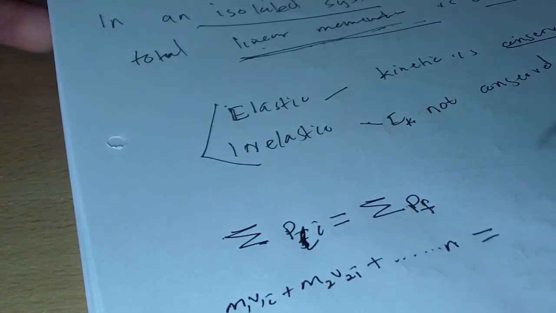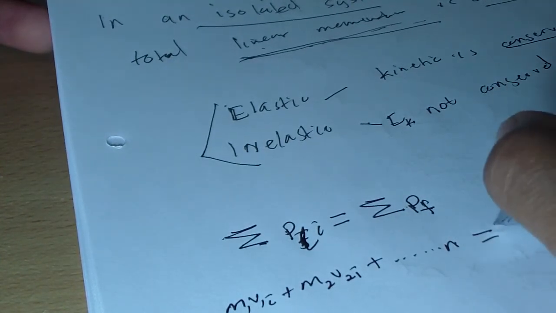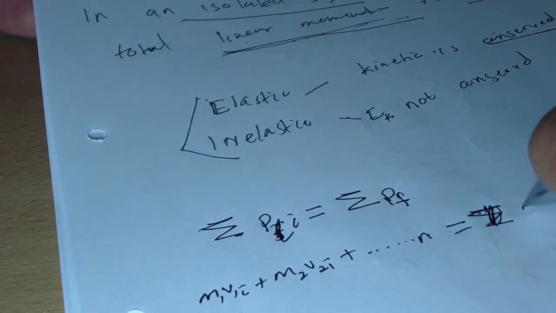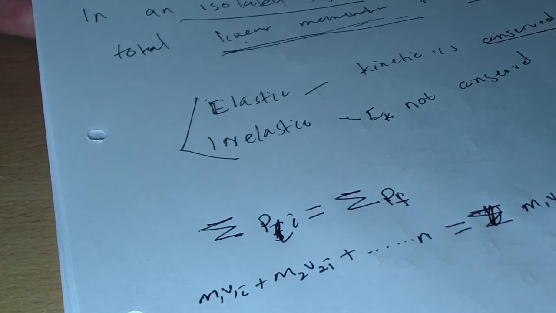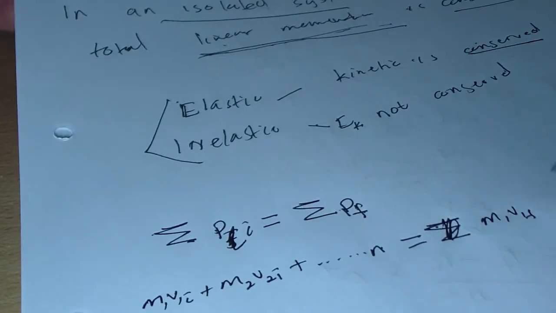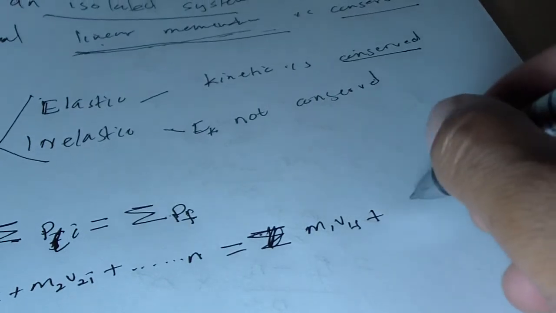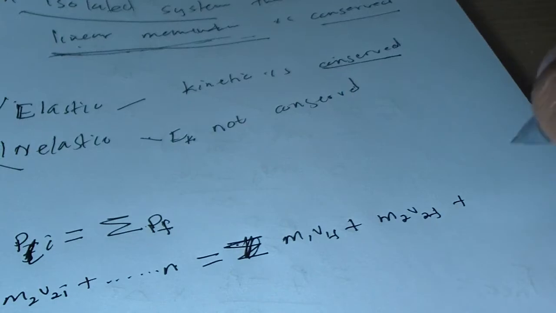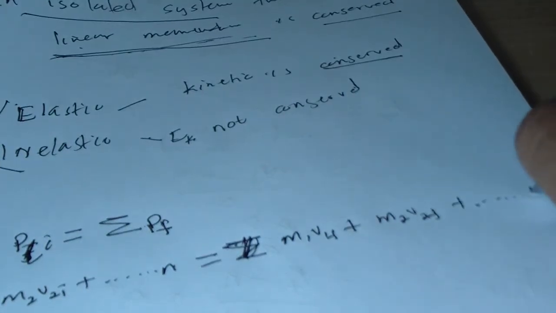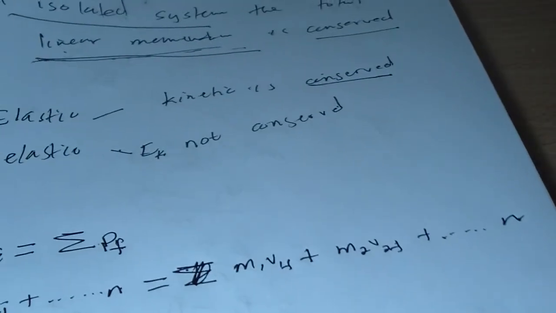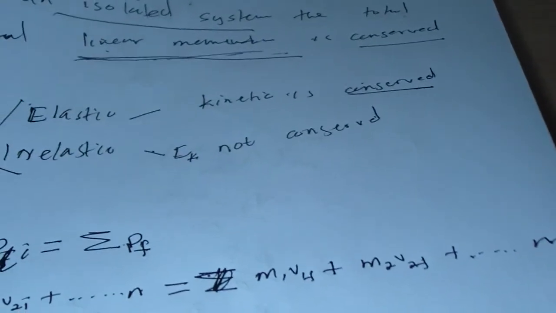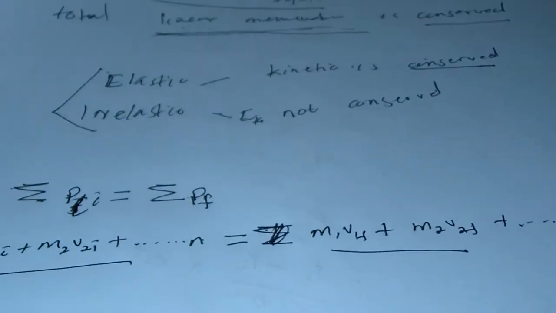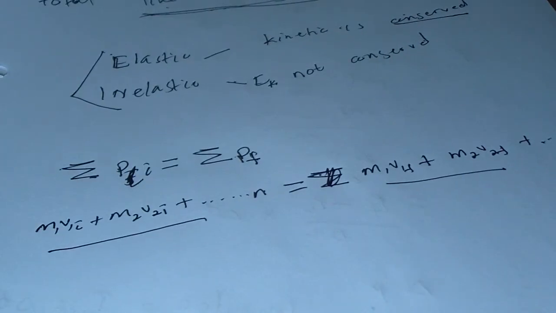This is the same thing as saying the momentum of objects after the collision, which is m1v1, but now this is final velocity, plus m2v2 final velocity, plus whatever number of bodies we have, which is n. In grade 12 you normally do 2 bodies, you never do 3 bodies.